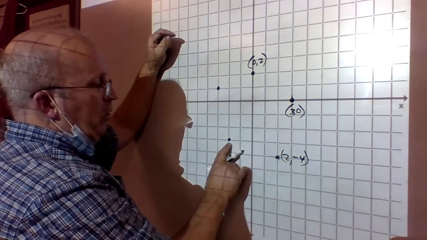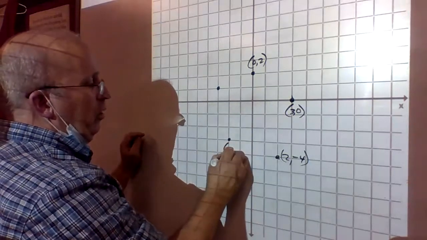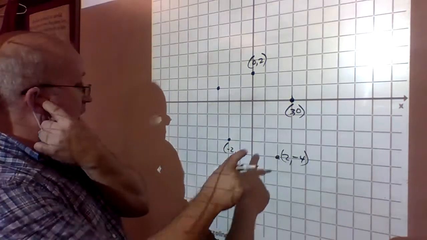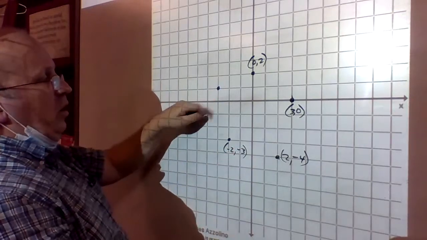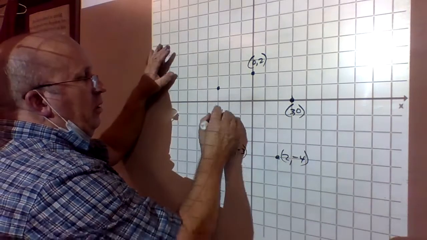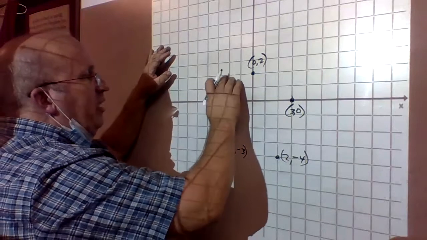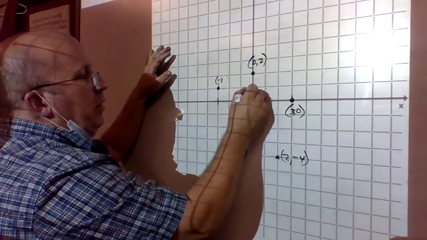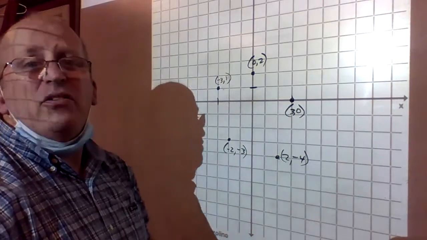How about this one? Where is it in relationship to the x-axis? -2. Where is it in relationship to the y-axis? -3. How about this one? Where is it in relationship to the x-axis? -3. Where is it in relationship to the y-axis? +1, right? So -3, +1.